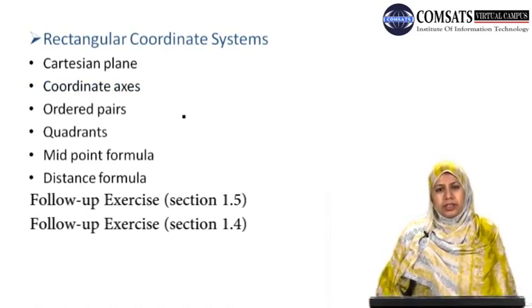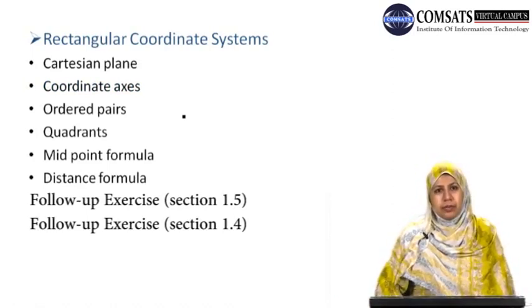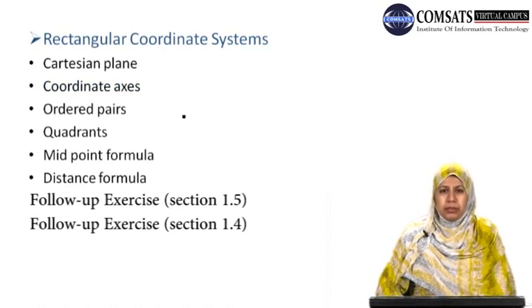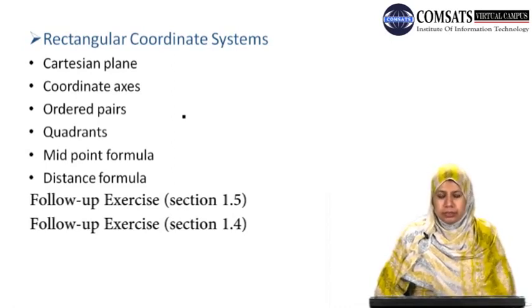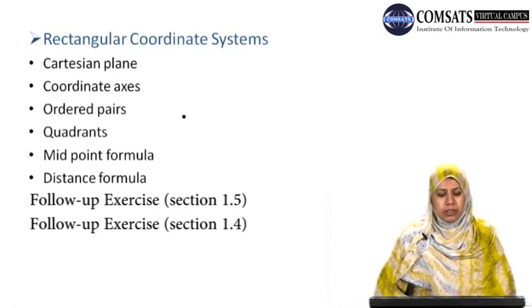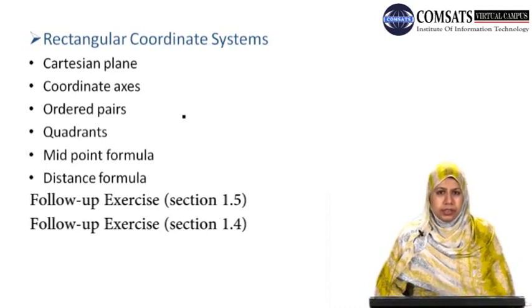Then we have studied our rectangular coordinate system. In it, we studied what we mean by a Cartesian plane or a coordinate plane, then the axes, the x-axis and y-axis, in particular the coordinate axes. What do we mean by an ordered pair? The quadrants, we have seen the 4 quadrants and their direction, which is counterclockwise, the midpoint formula and the distance formula.